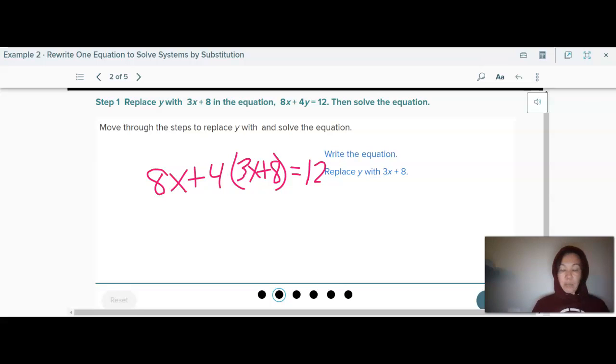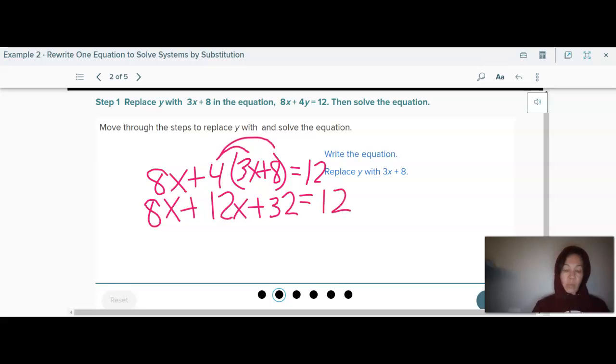And now we're just going to simplify and solve this equation. Our next step is distributing. We'll distribute this 4 to get 12x plus 32, and then we'll combine like terms. 8x plus 12x is 20x.